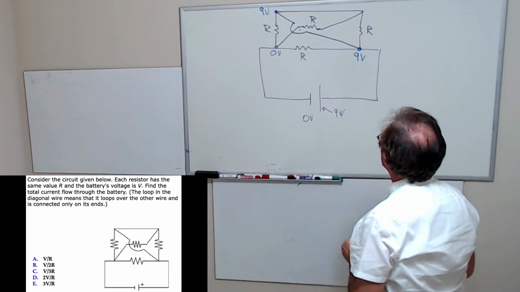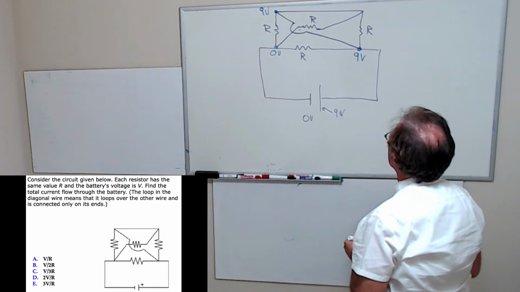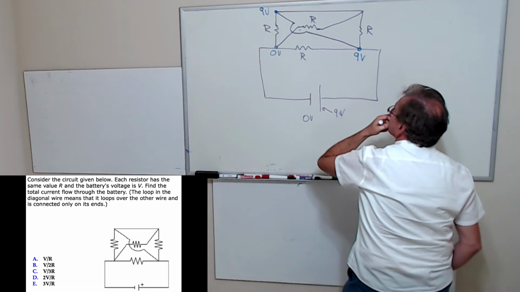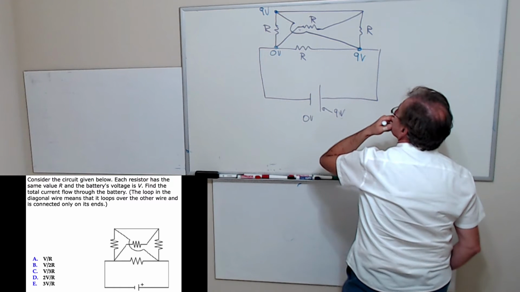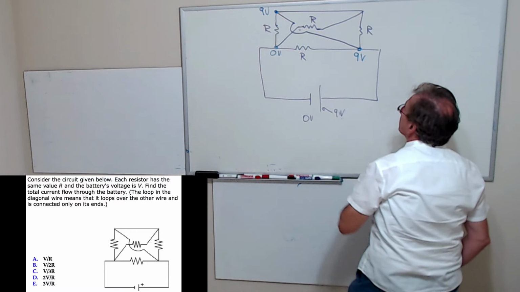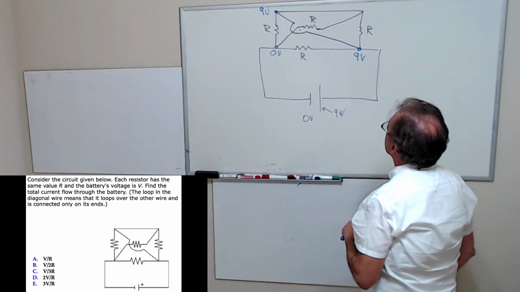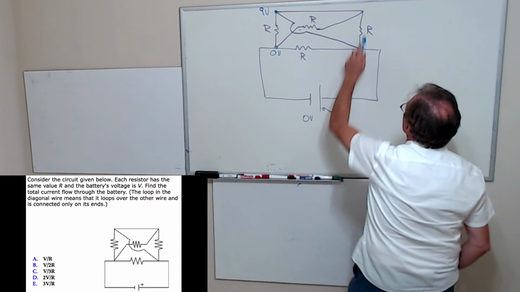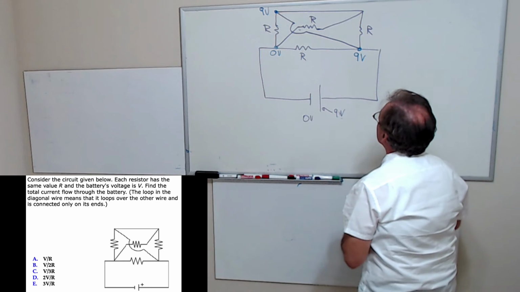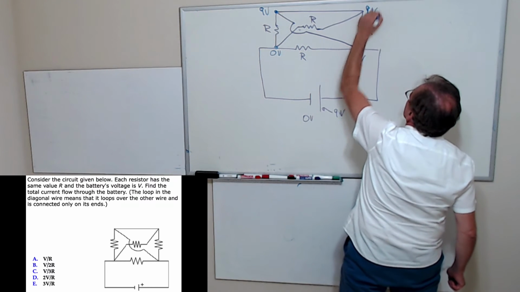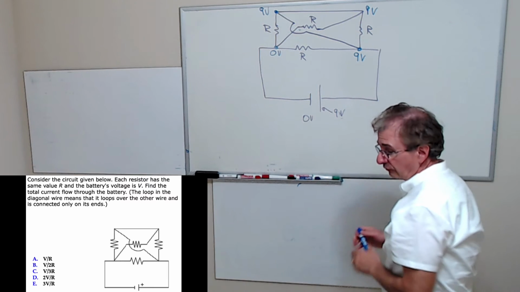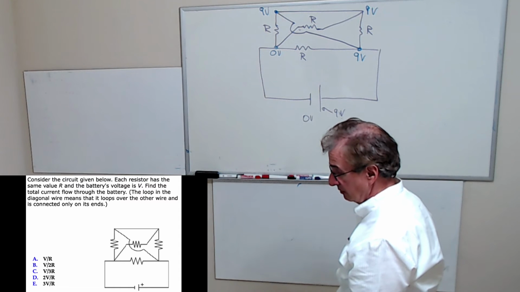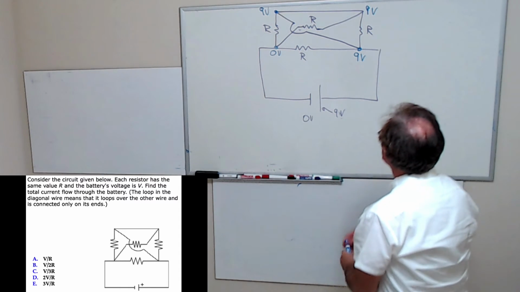Now let's think about that. This is at 9 volts, and this is at 9 volts. What must this be at? Well, these two are connected together, right? I have 4 resistors. How many resistors have a current running through them?